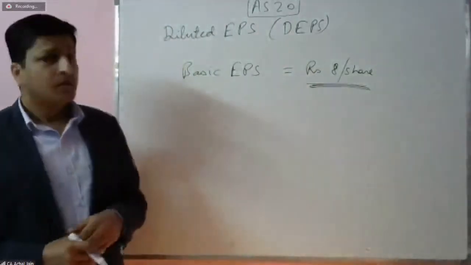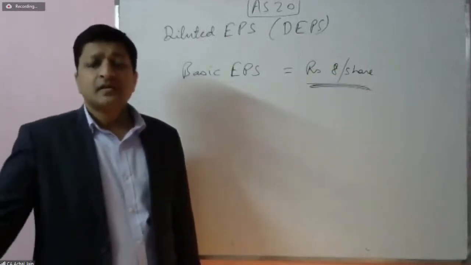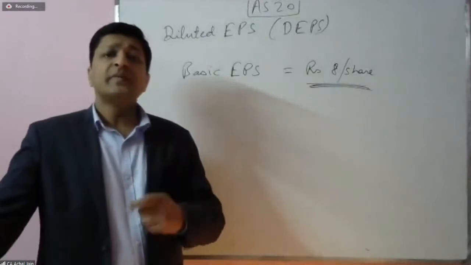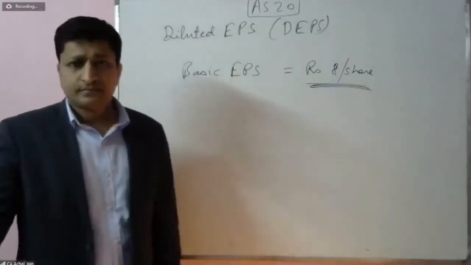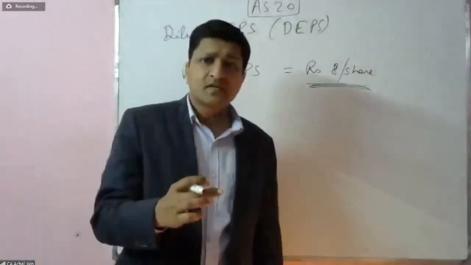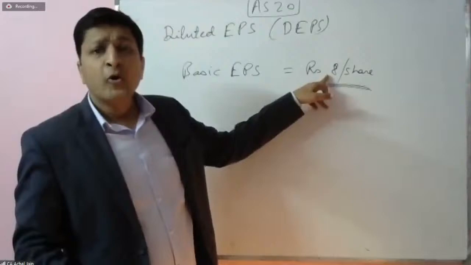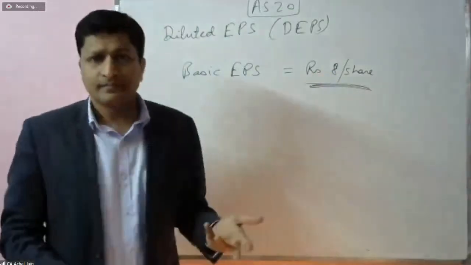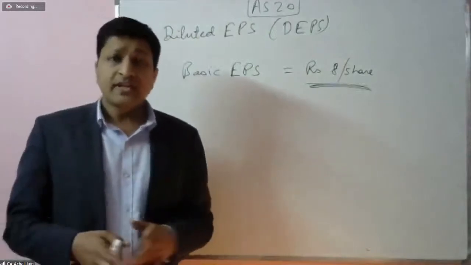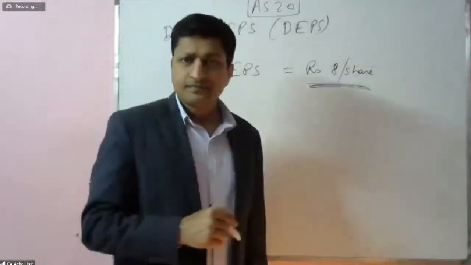Okay. Now, this EPS also indicates the amount which will be available to the investor. Out of the company's reserves, this amount belongs to whom? To the investor. This is what the investor understands. Even though this has not been paid, it belongs to the investor.